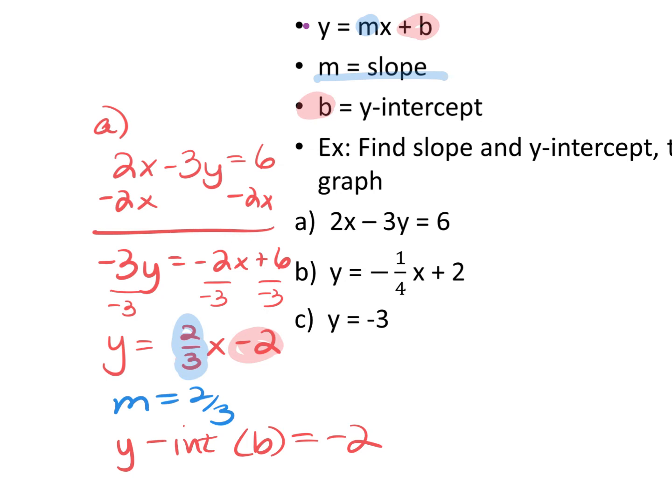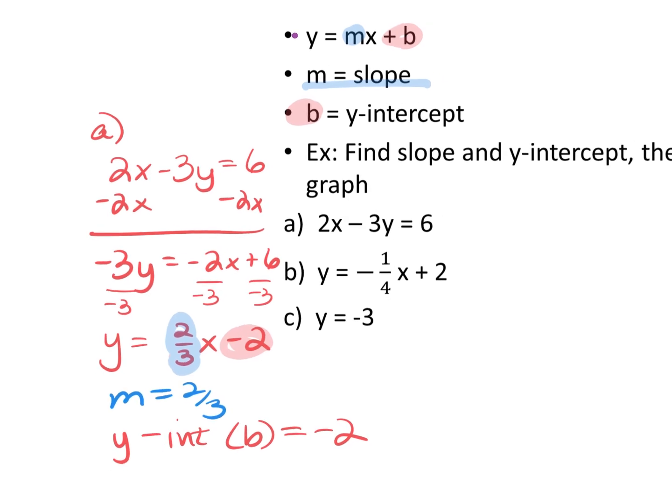Now, equation B is already in slope-intercept. So all I have to do is pull out the slope and pull out the y-intercept. So for equation B, my slope is negative 1/4, and my y-intercept, the b, is positive 2.